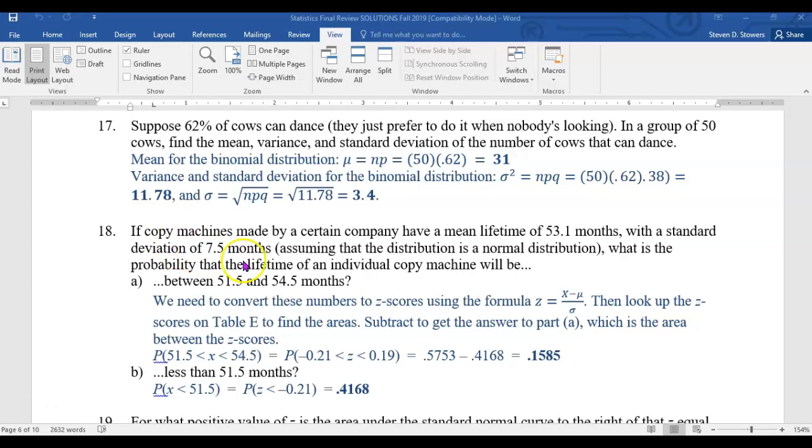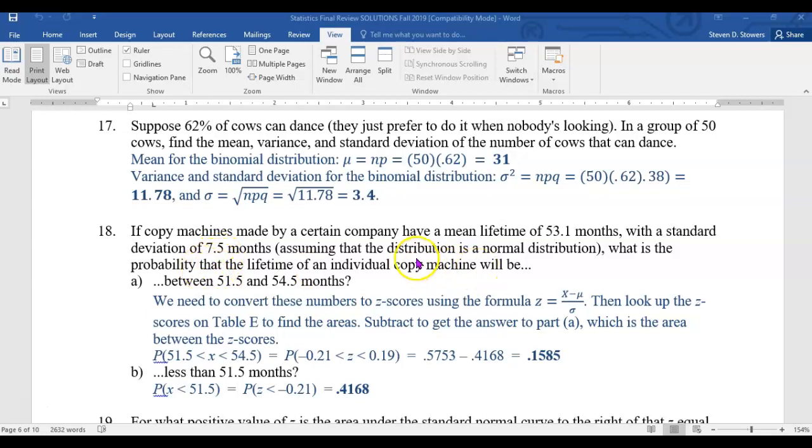Number 18. This is one of those probability questions involving the normal distribution and a range of values. So they tell us the mean lifetime of this kind of copy machine is 53.1, so that would be mu, and they tell us the standard deviation is 7.5, so that would be sigma.